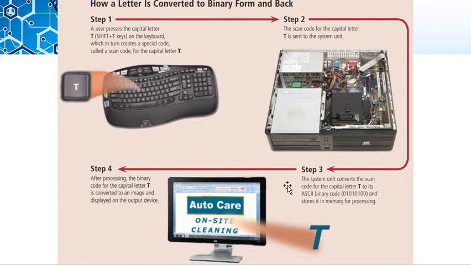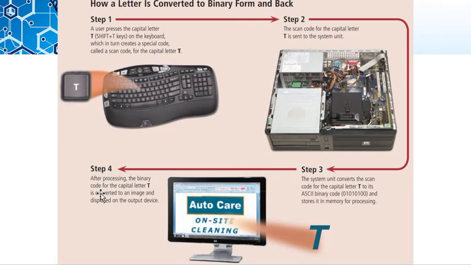Then step 3, the system unit converts the scan code for the capital letter T to its ASCII binary code and stores it in memory for processing.